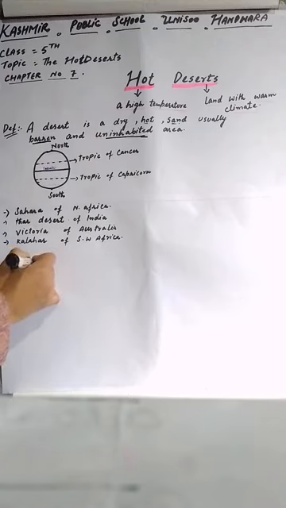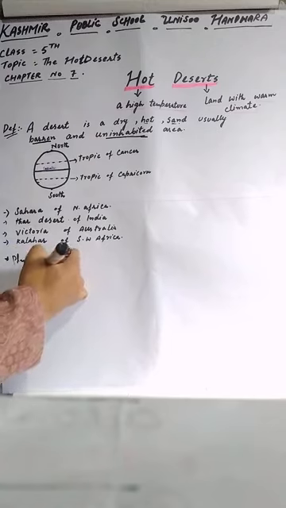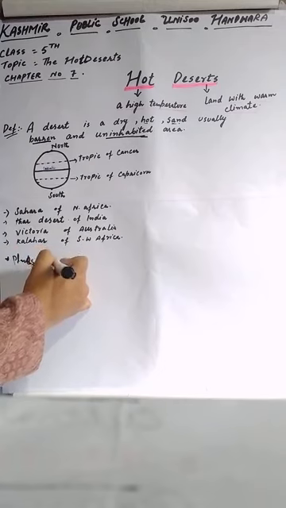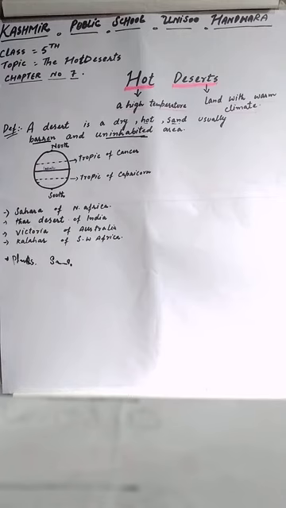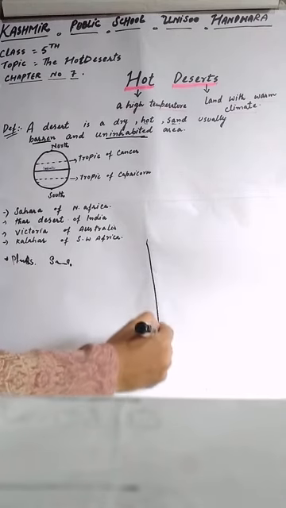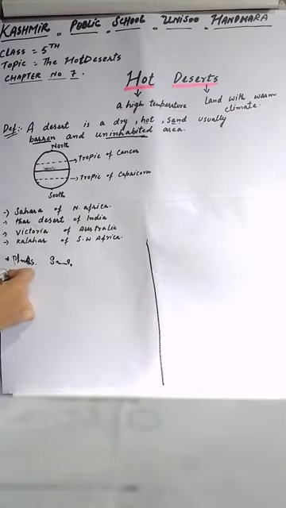The desert regions are almost covered with sand. As a result, the wind blows fast and carries sand particles along with it. Such dust storms are a common feature in deserts.